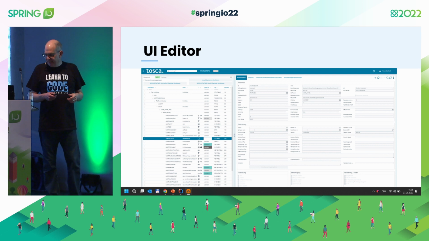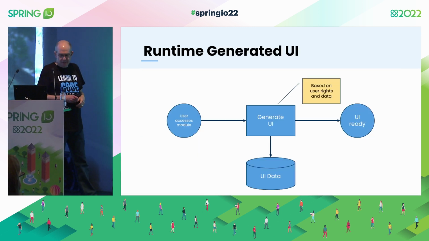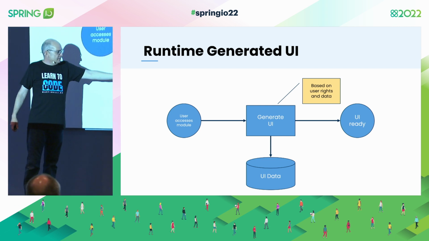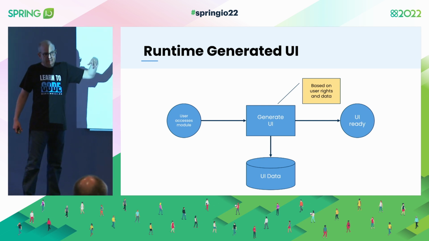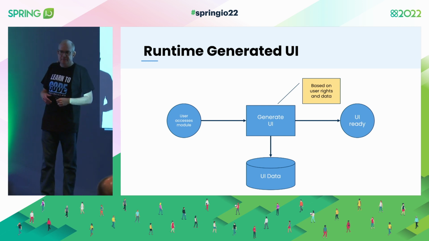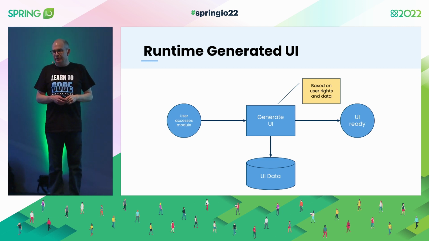And the mechanism that we have here is when the user hits a module, then the data from the database is fetched, and we create the UI at runtime. So we don't generate it, that's not the right word, but we read the data and we present the created UI to the user.